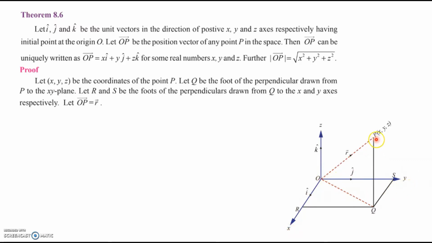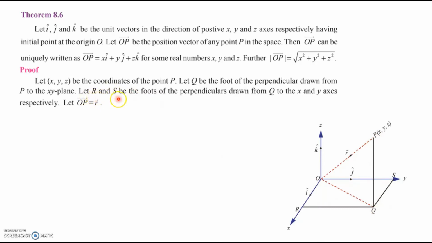So you're going to draw a line from P which is perpendicular to the xy plane. I hope you understand a plane. It's coming perpendicular to the plane, and it meets the plane at the point Q. So Q is the foot of the perpendicular PQ.